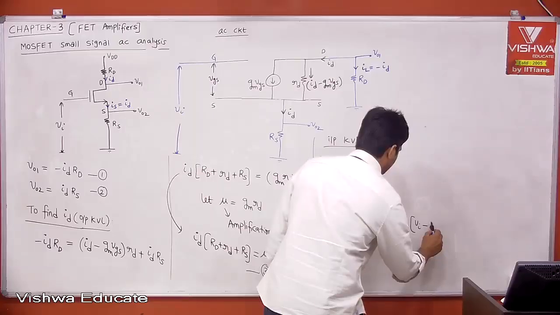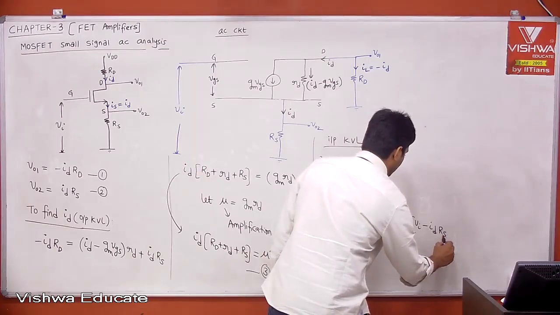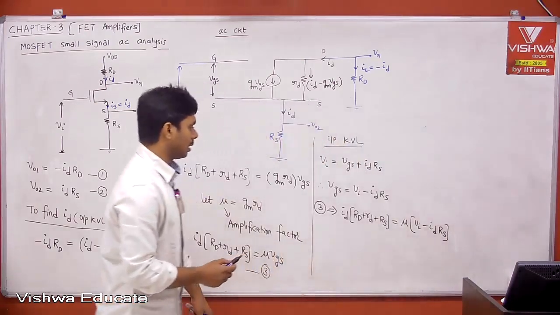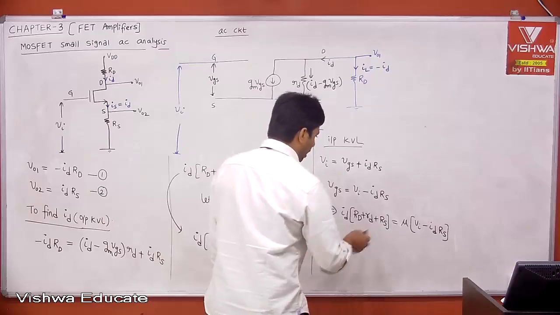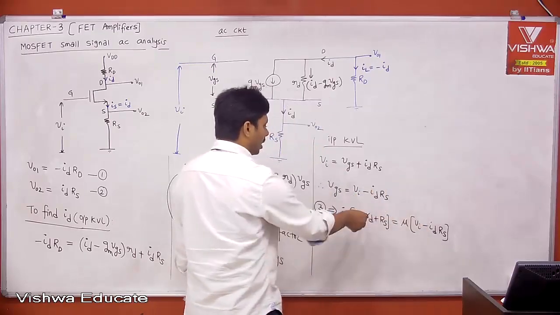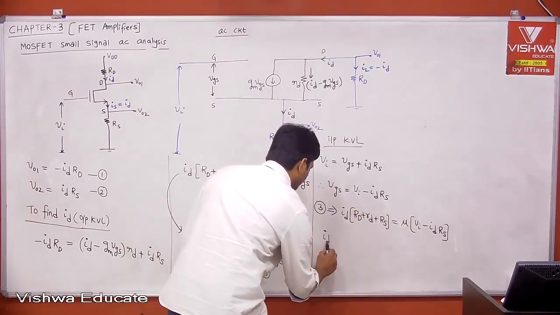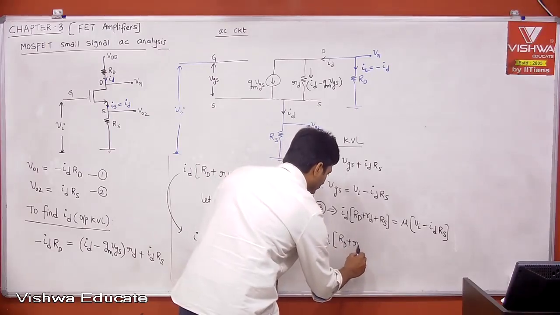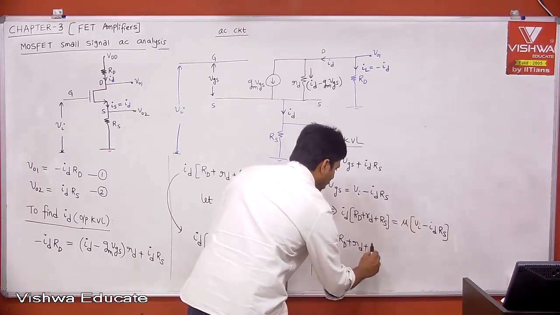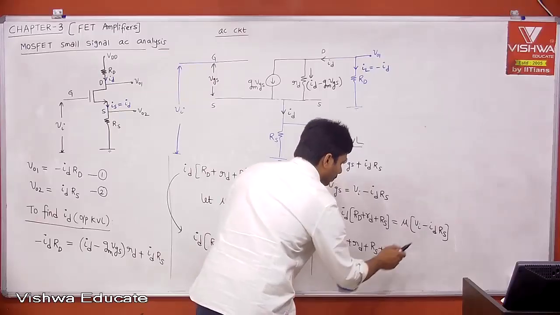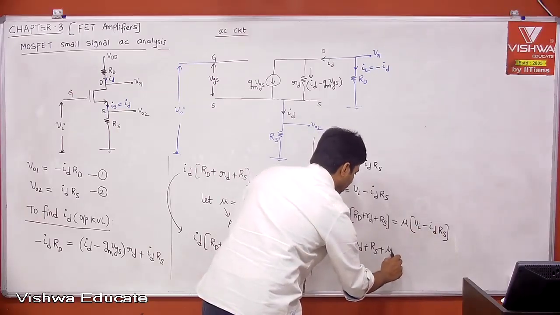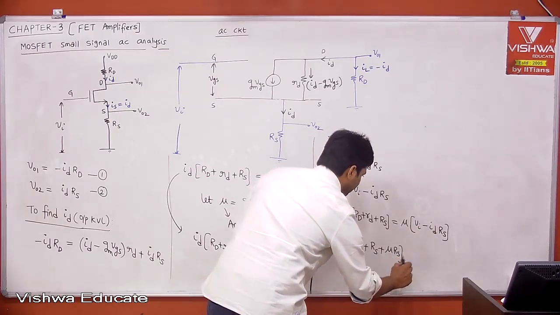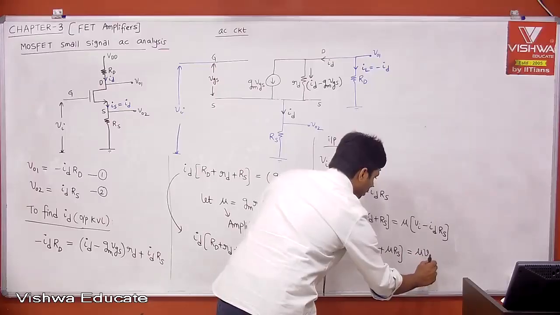VI minus ID into RS, right? Therefore, again ID has come. That ID you take to left hand side. Then, if you take ID common, you will get capital RD plus small rd plus RS plus mu into RS is equal to mu into VI.